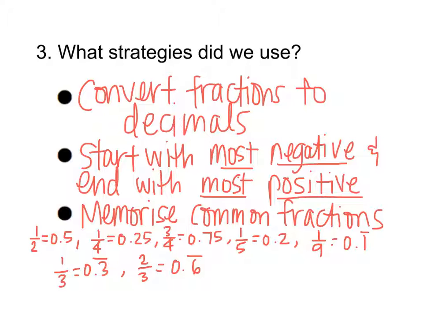So 2/9 would be 0.2 repeated, 3/9 would be 0.3 repeated, and so on. 1/3 is 0.3 repeated, and 2/3 is 0.6 repeated. So if you don't already, have these common fractions memorized because it will make this process a lot faster and will help you with lots of other problems down the road.